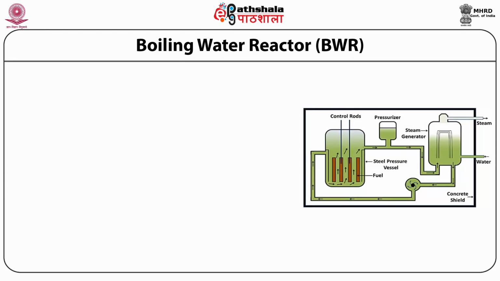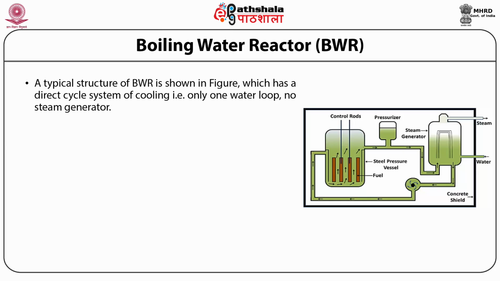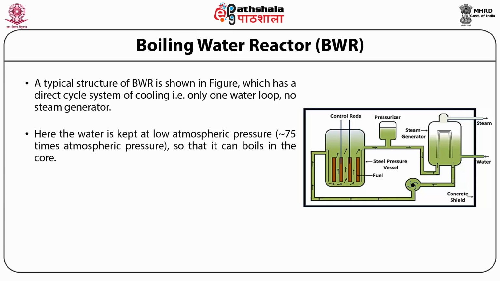Boiling water reactor, that is BWR. A typical structure of a BWR is shown in the figure, which has a direct cycle cooling system, that is, only one water loop and no steam generator. Here the water is kept at a lower pressure, around 75 times atmospheric pressure, so that it can boil in the core.